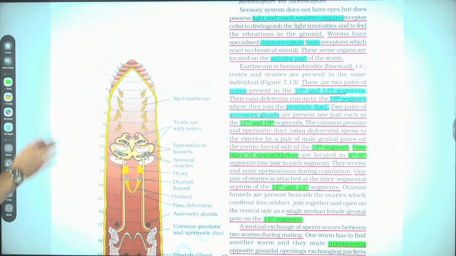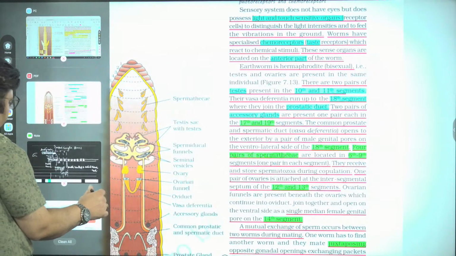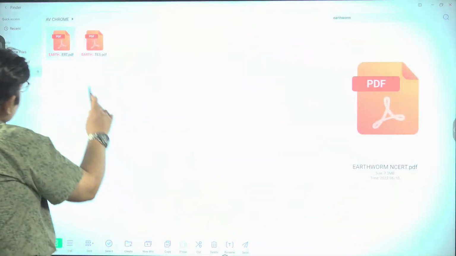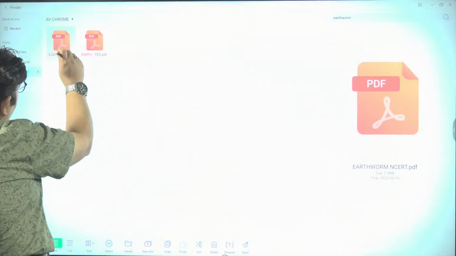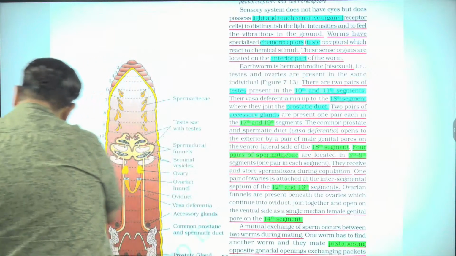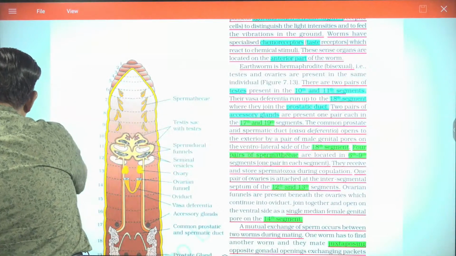Now, the reproductive system of Pheretima is something to be done with the help of diagrams and explanation, so I'll explain that.